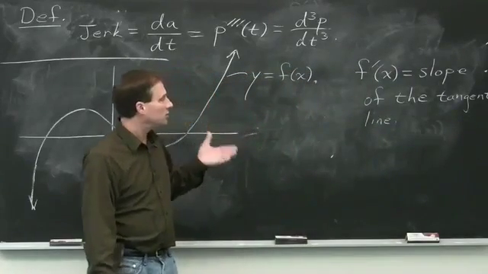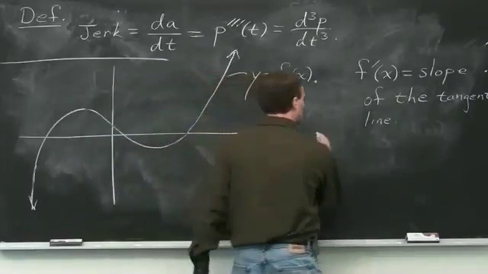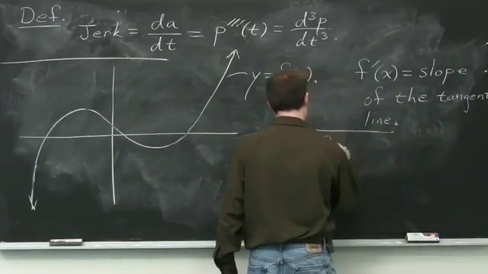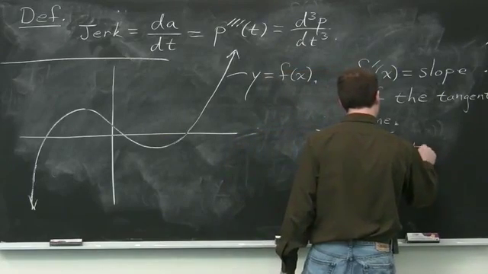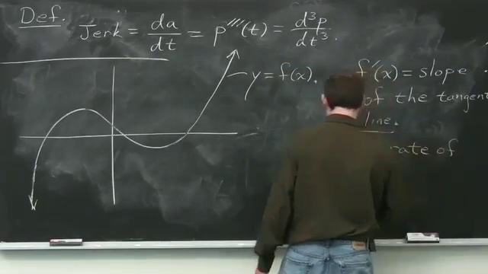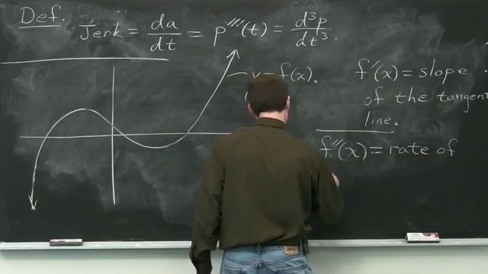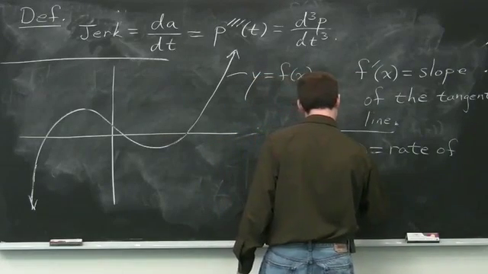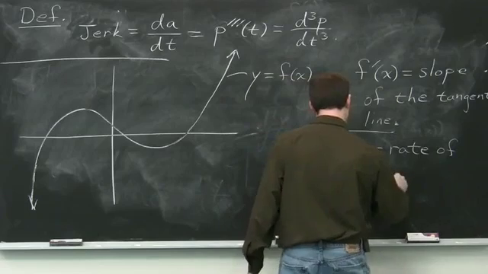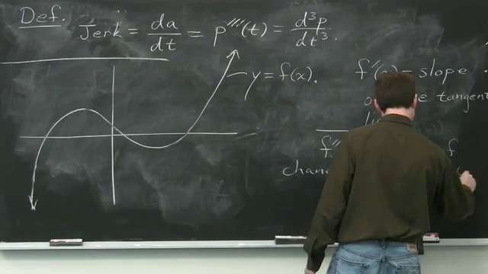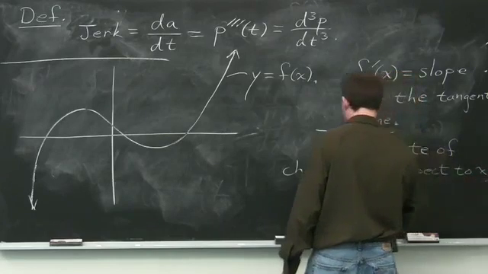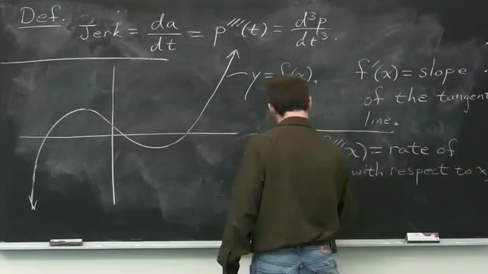So the second derivative, f double prime of x, equals the instantaneous rate of change with respect to x of the slopes of the tangent lines.